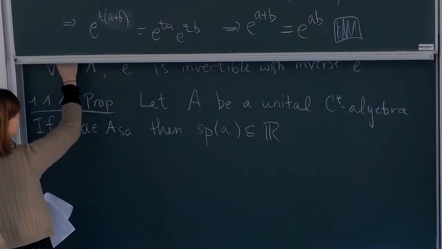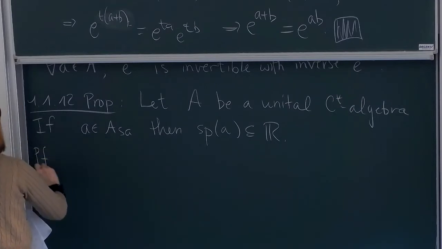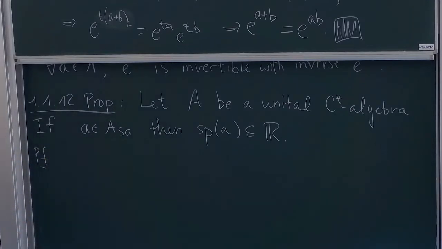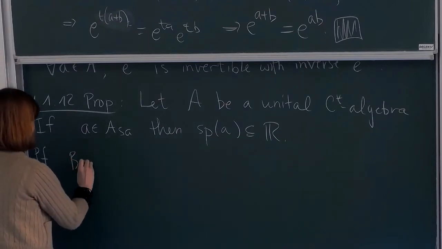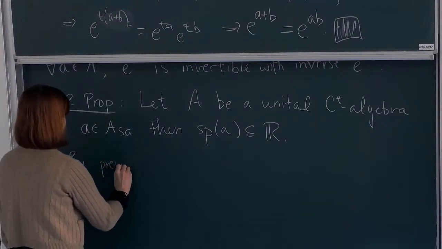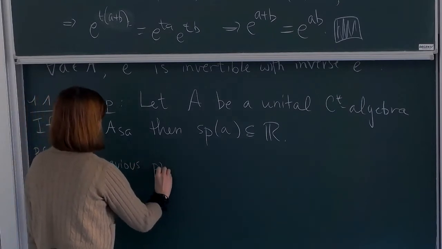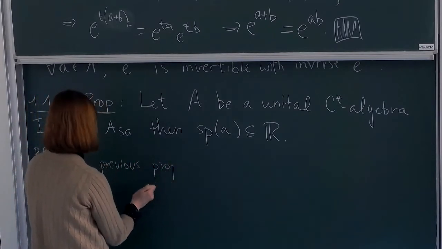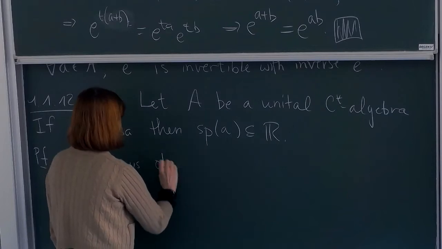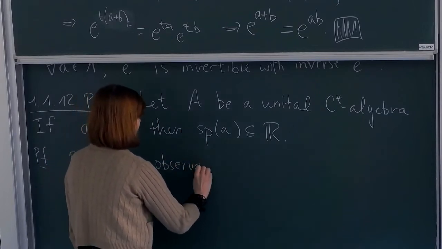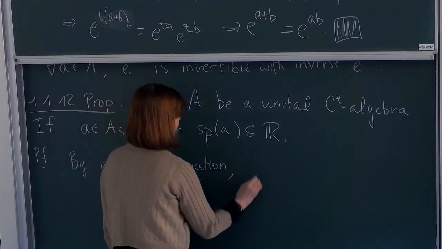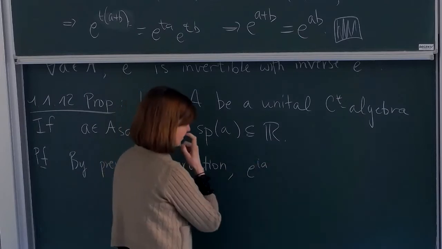Okay, so by our previous proposition, well, actually, this is really by the previous observation, I suppose, e to the iA is invertible.